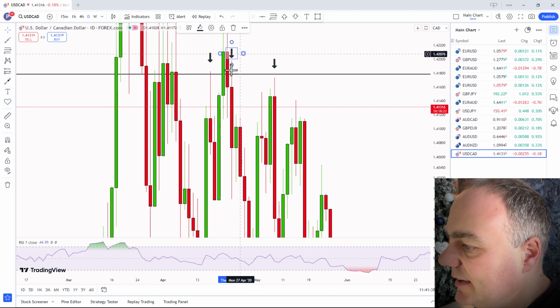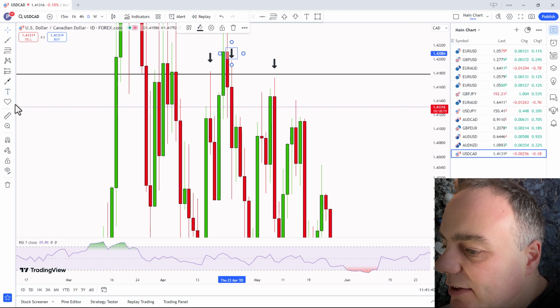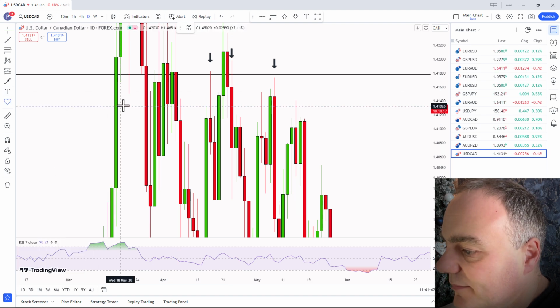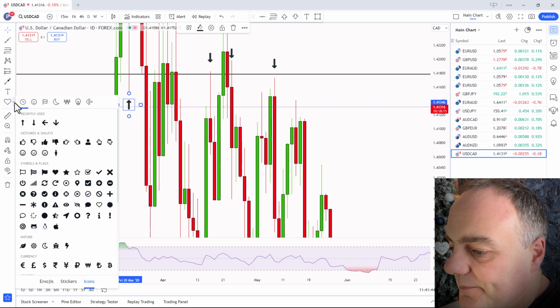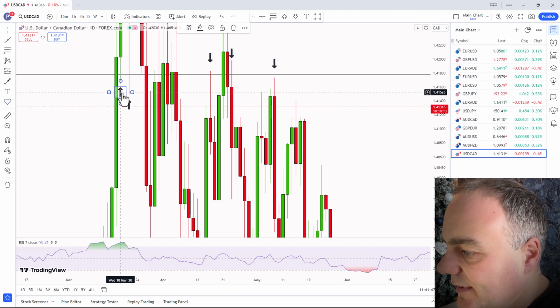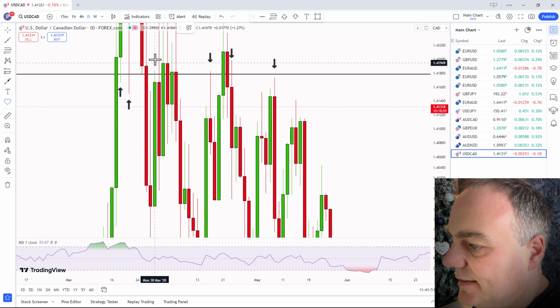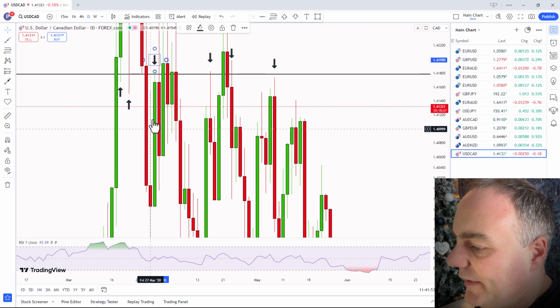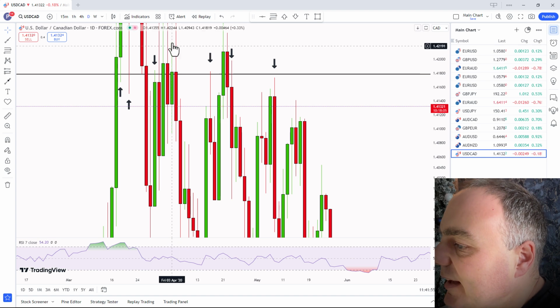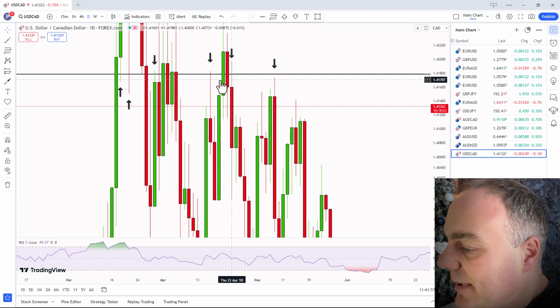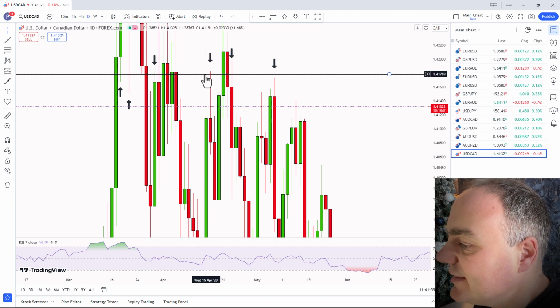Hit this point, didn't go any higher, these wicks, and in the opposite direction as well. And so there's another example of hits and didn't go any further, although it did break through on the next candle, and so on. Indicators that this may be a support and resistance level.